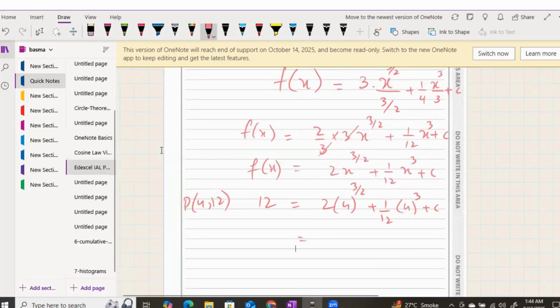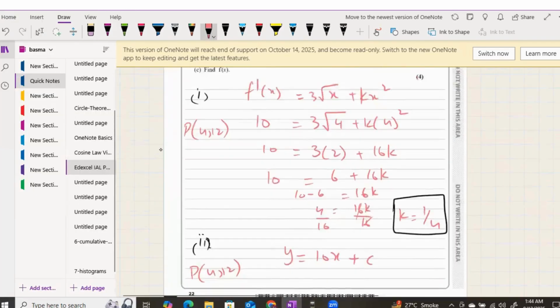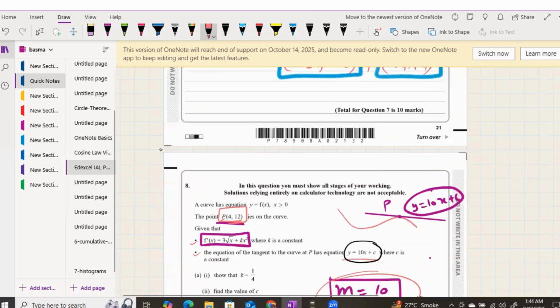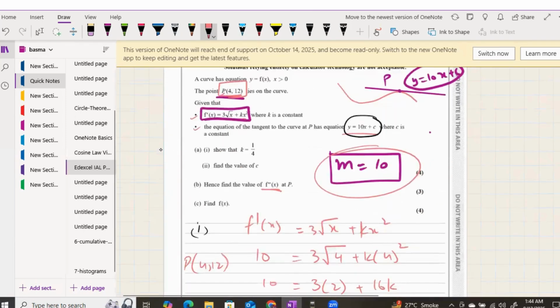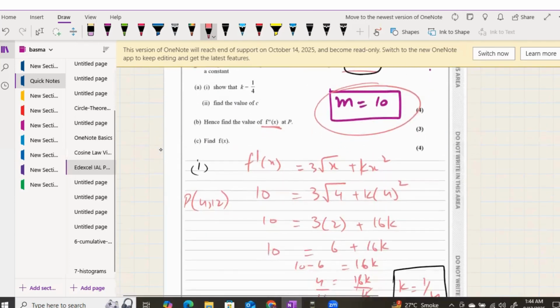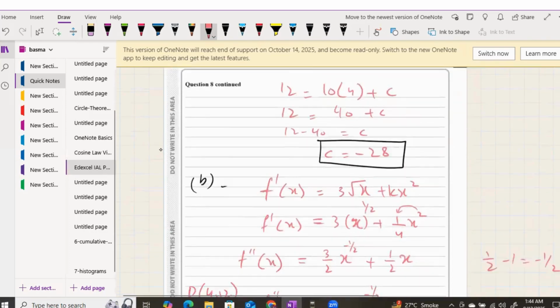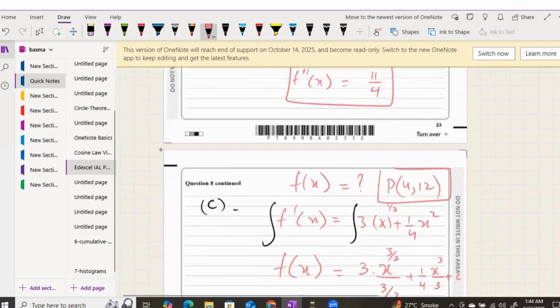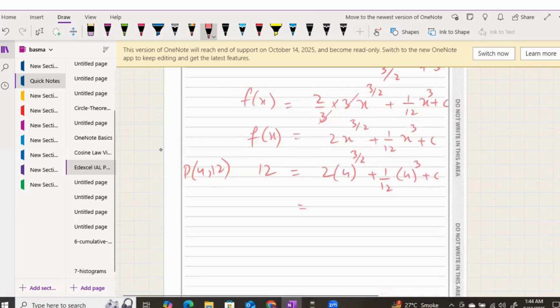Let me see if they have put the restriction. Yeah, solutions relying entirely on calculator technology are not acceptable, but that is because you cannot use direct integration and differentiation on the calculator. You have to do some simplification as well. So here we can put the things in the calculator. 2 times 4 to the power of 3/2, or 4 can be written as 2 to the power 2, and then it has the whole power of 3/2.